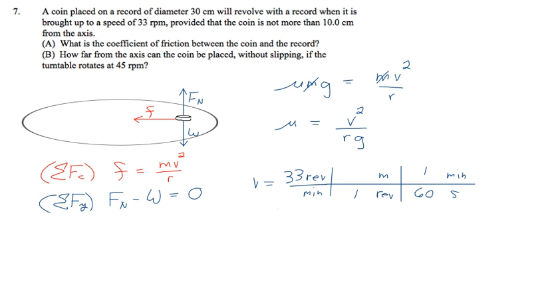What distance do you travel when you do 1 revolution around a circle? 2 pi r. So it's going to be 2 pi, and for the r, I'm going to put in 0.10 meters, because 10 centimeters is 0.10 meters. And what do you get when you solve that? So 33 times 2 times pi times 0.10 divided by 60.